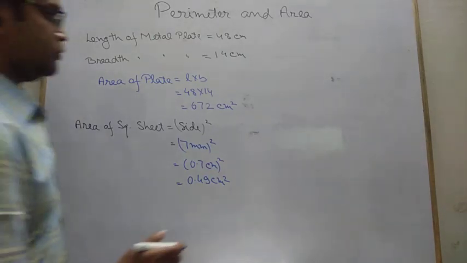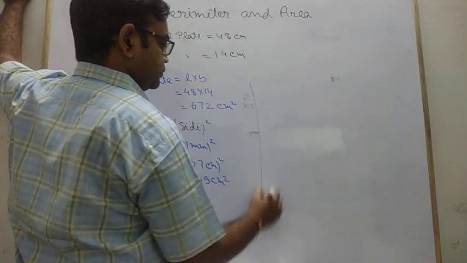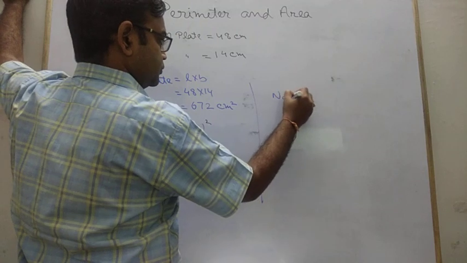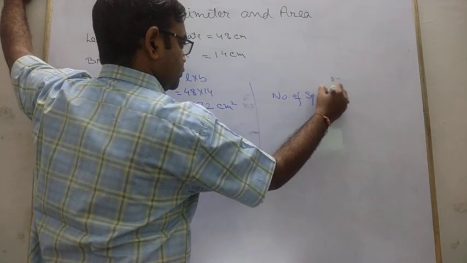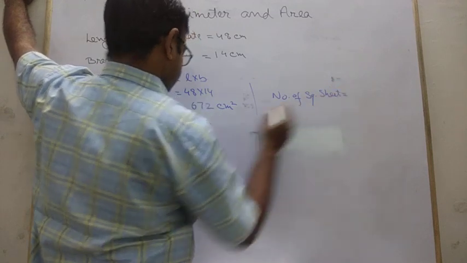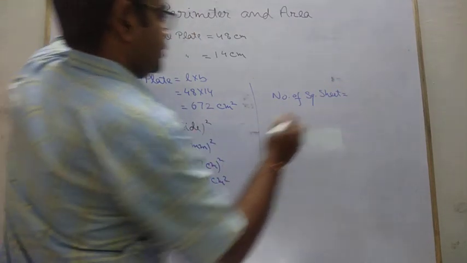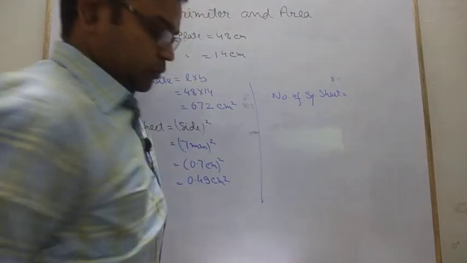So the number of square sheets equals the area of the plate by the area of the sheet. Let me come to this side.